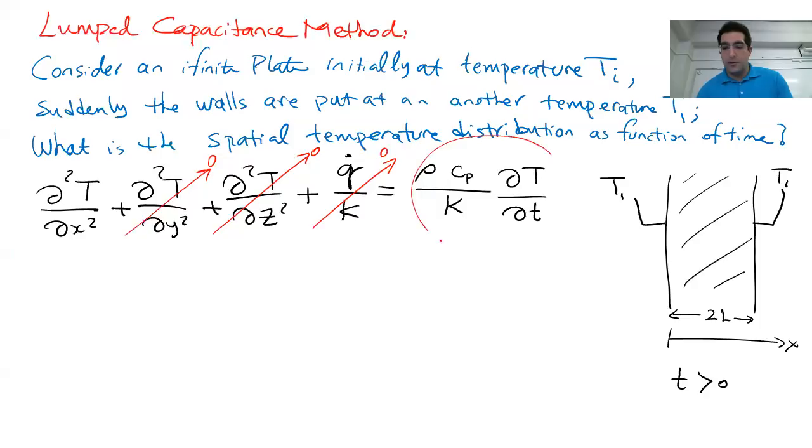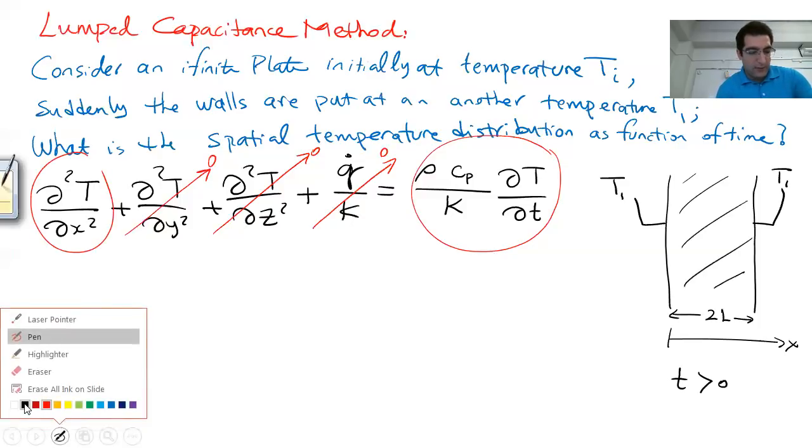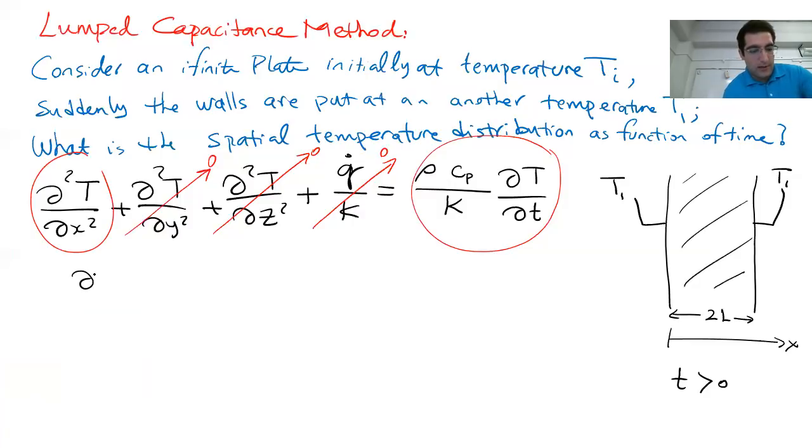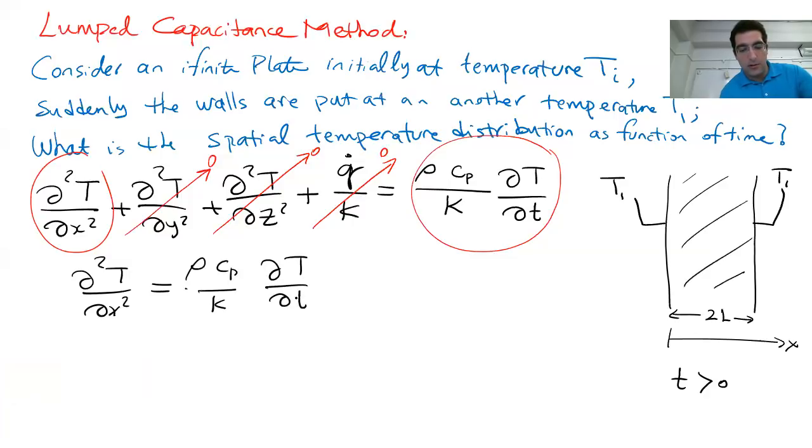We're going to keep the right-hand side term because the temperature changes versus time. So it's a transient problem. So we're going to keep the right-hand side and the left-hand side. If I write down the simplified form, I have the second derivative of temperature with respect to x equal to rho Cp over k times del T over del lowercase t.